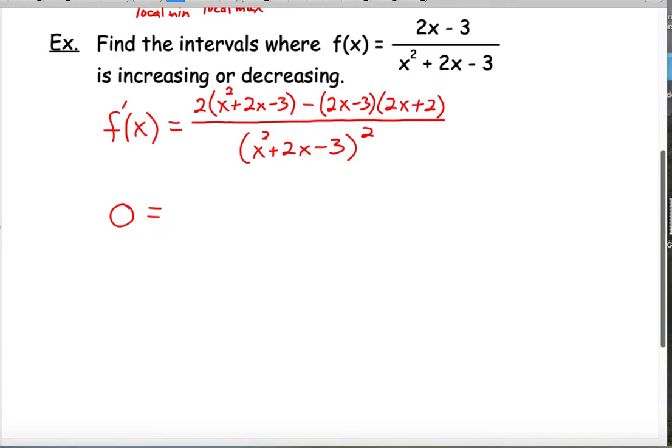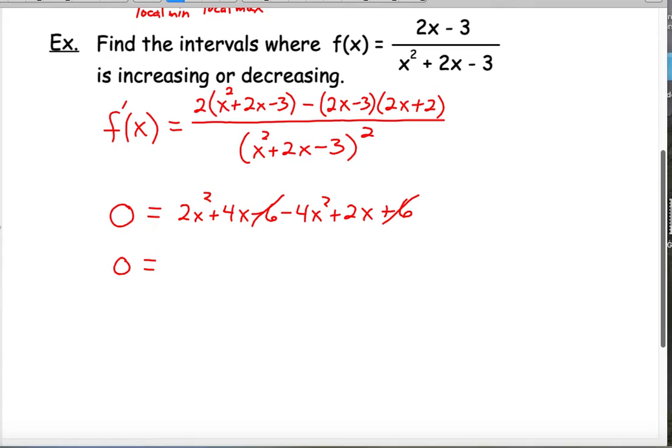So let me distribute and combine like terms. I've got 2x squared plus 4x minus 6, 4x, so minus 4x squared. I'm going to get a negative 6x plus 4x is a negative 2x, but I'm subtracting, so plus 2x. And then I'll get a negative 6, but I'm subtracting, so plus 6.